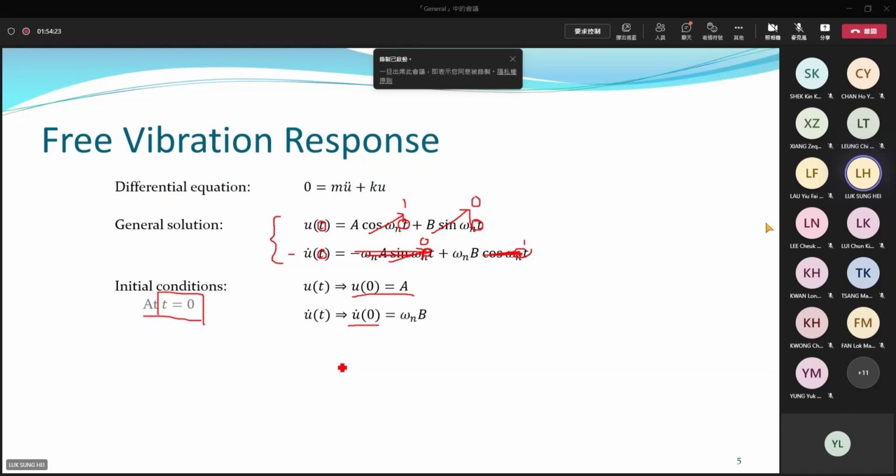By using the two initial conditions, or maybe I can say it the other way, the coefficients A and B depend on our initial conditions. I think I should say it in this way: for this general solution, A cosine plus B sine, the coefficients A and B depend only on the initial conditions, u0 and u dot 0.